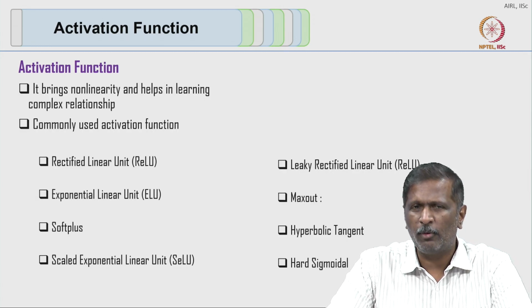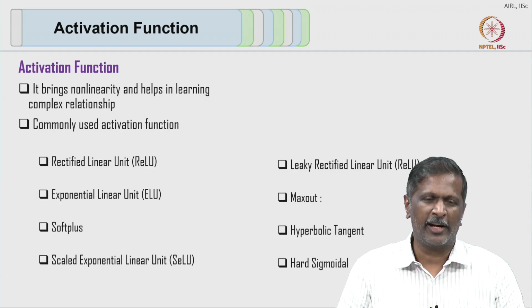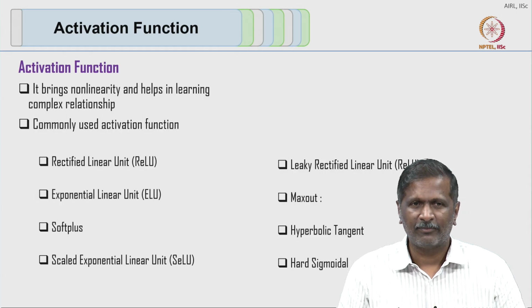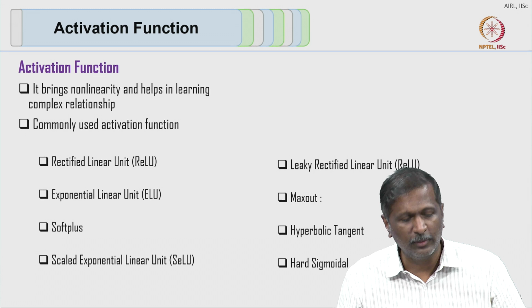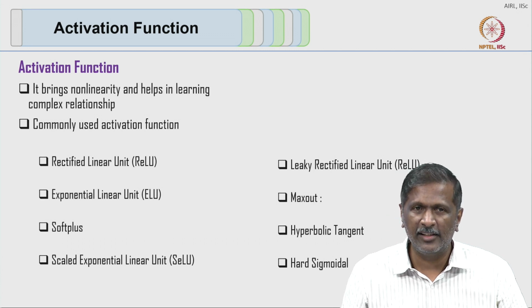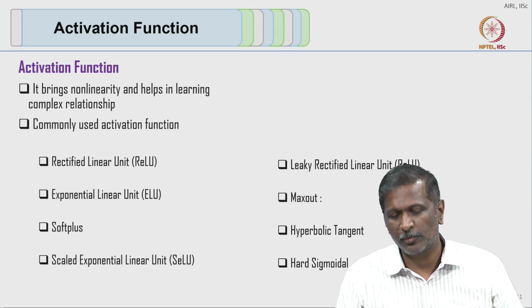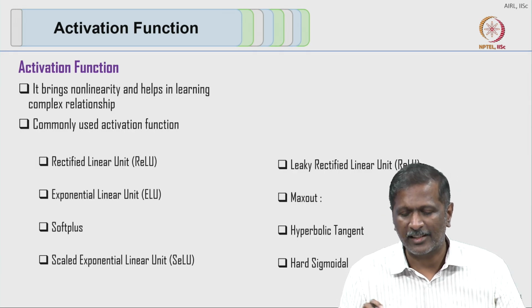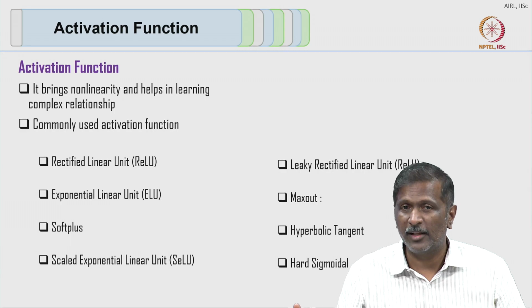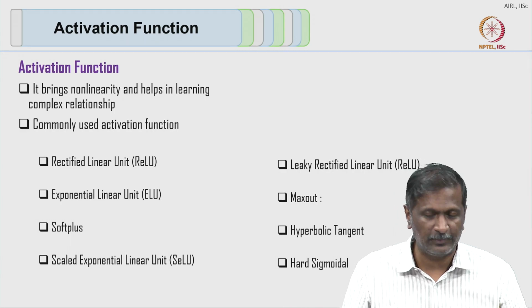What are the activation functions used in convolutional neural networks? I have the rectified linear unit, or what we call ReLU. I have exponential linear unit, softplus, scaled exponential, leaky rectified linear unit, maxout. I can use hyperbolic tangent too, or I can use a hard sigmoidal function.